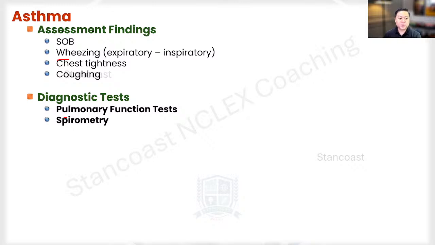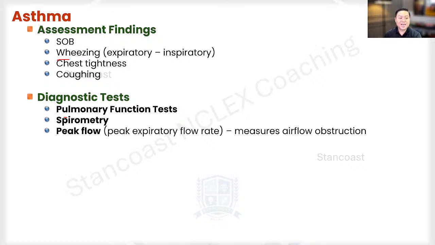So you have to talk to the medical provider about whether you're supposed to withhold or just administer the scheduled bronchodilator before the testing. Now, talking about the peak flow, which is another test here. This is going to measure the airflow obstruction, and this is something that every asthmatic patient should know about.